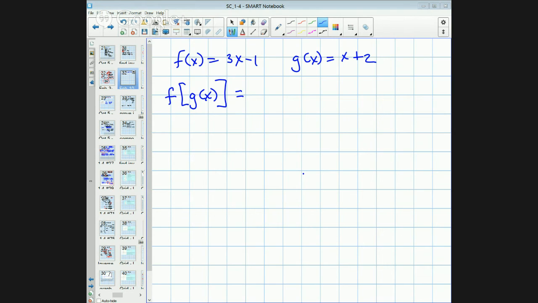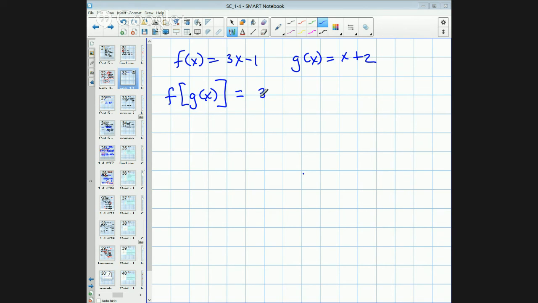Okay, now here's what that means. The outer function here is f, right? But what I want to plug in place of x is this whole thing here, this whole g of x. So remember all along, what have we always been doing when we do f of? We've been substituting in place of x. So here, I'm doing 3 times whatever minus 1.